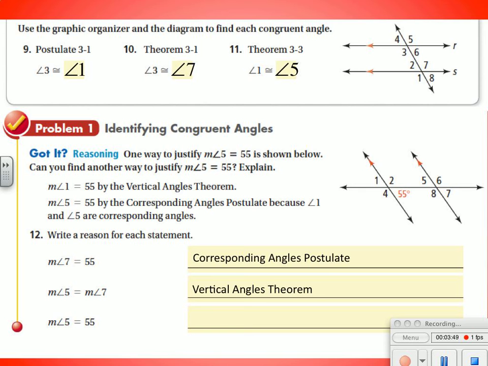We use the vertical angles theorem that says that two angles are congruent, which also means their measures are equal. And finally, we can say that the measure of angle 5 equals 55 by the transitive property of equality. So those are two different ways that we were able to show that the measure of angle 5 equals 55.